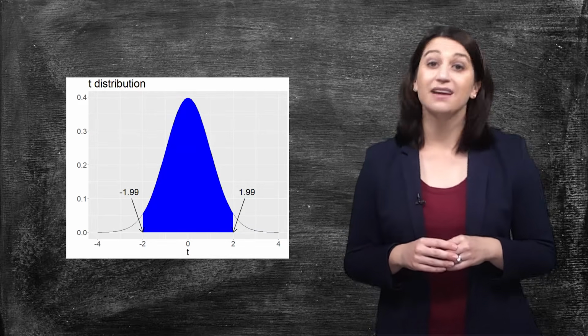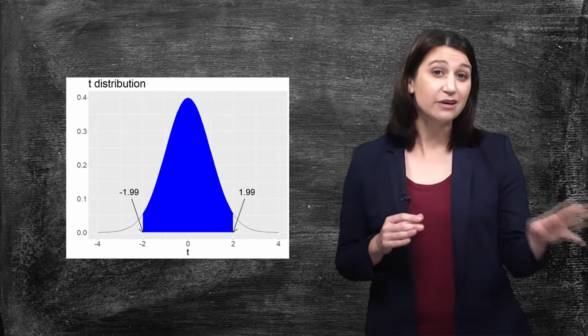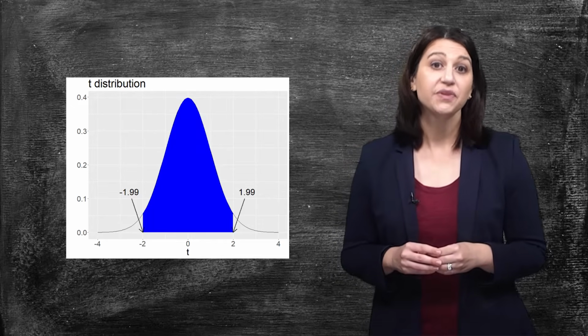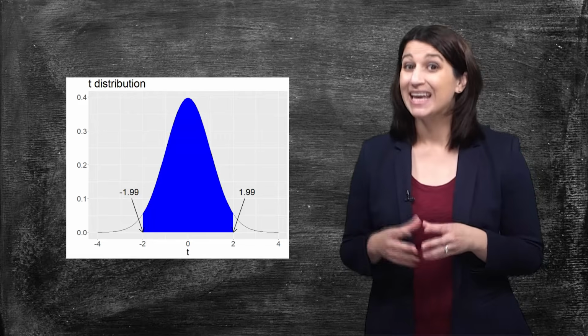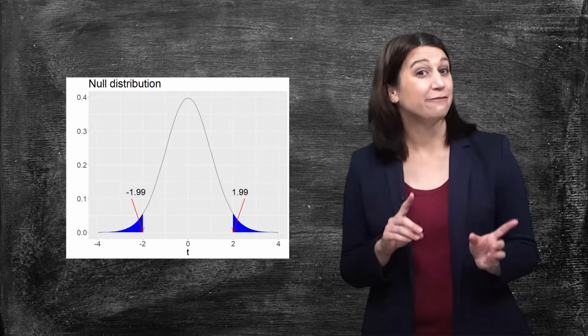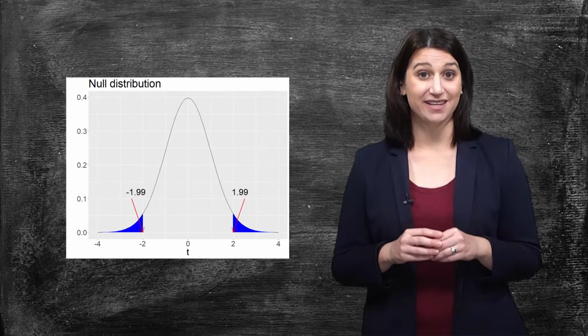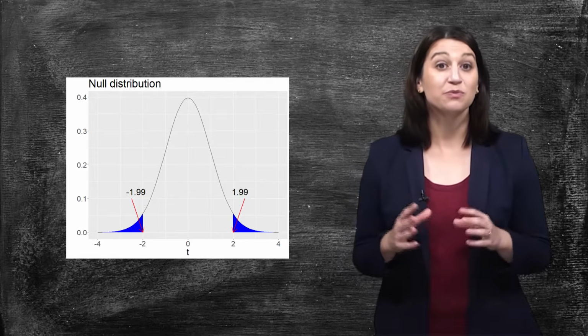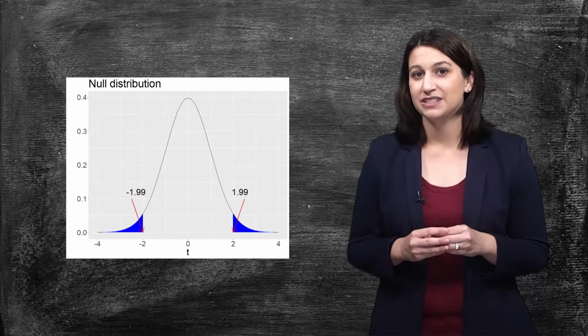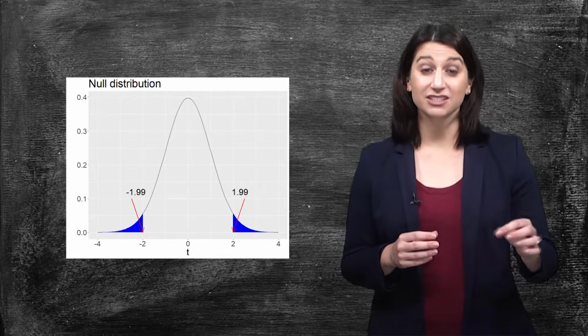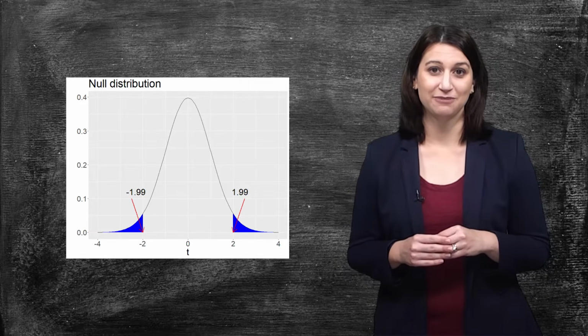If our sample mean is very close to or equal to our null hypothesized value, we will expect to find a t-statistic close to 0. If our sample mean was very far from the null hypothesized mean, then the resulting t-statistic would be further out in the tail. We set the boundaries here, marking off the most extreme 5% of the distribution.